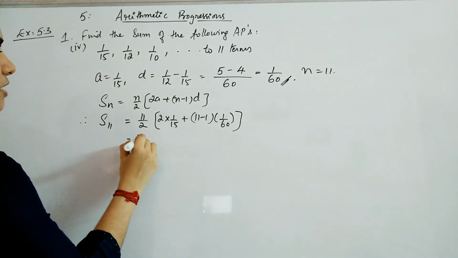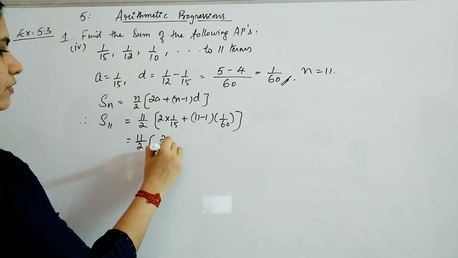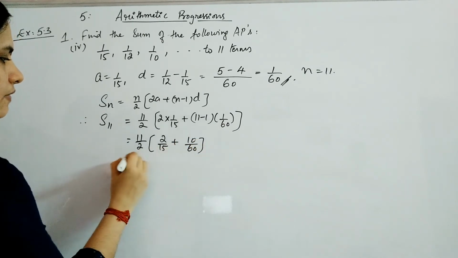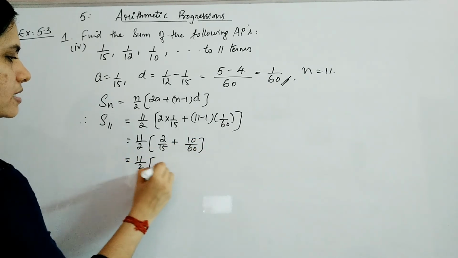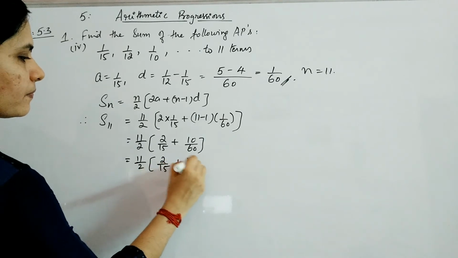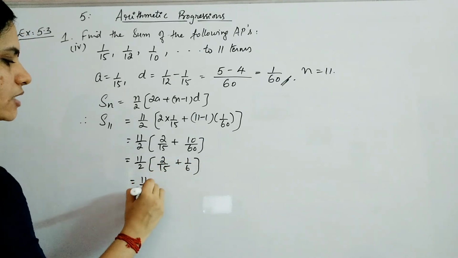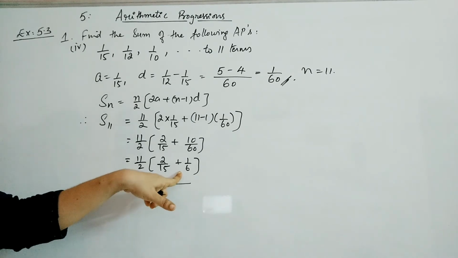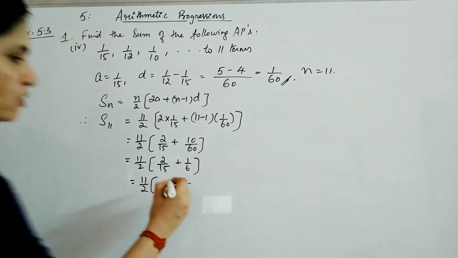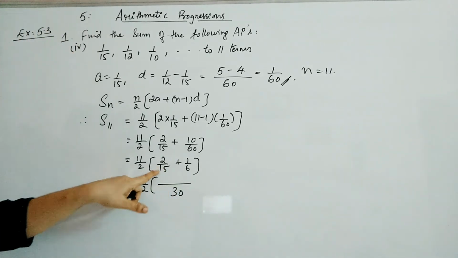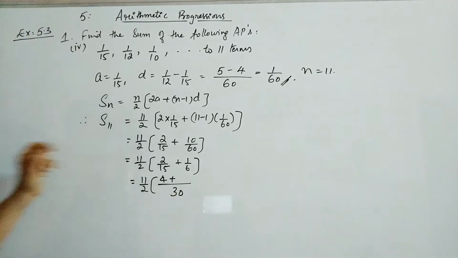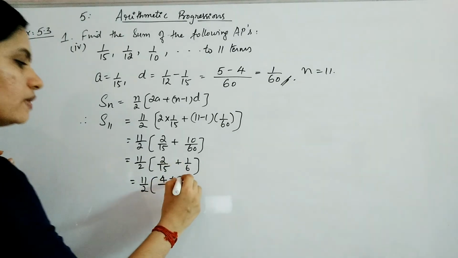You will have 11 by 2 into 2 by 15 plus this will become 10 by 60. 10 by 60 is 1 by 6. So again you can take the LCM. What you will get? 11 by 2 into, what will be the LCM of 15 and 6? Is it 30? Yes, so 30. Then 15 into 2 is 30. So in the numerator you have 2 into 2, 4 plus here 6 into 5.